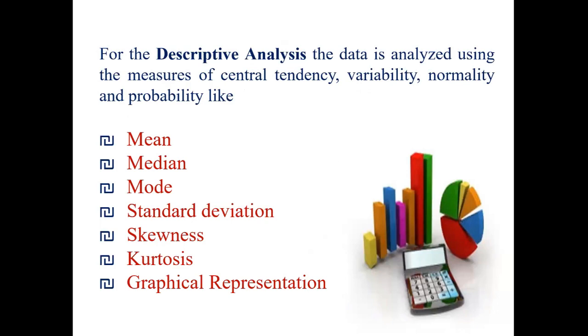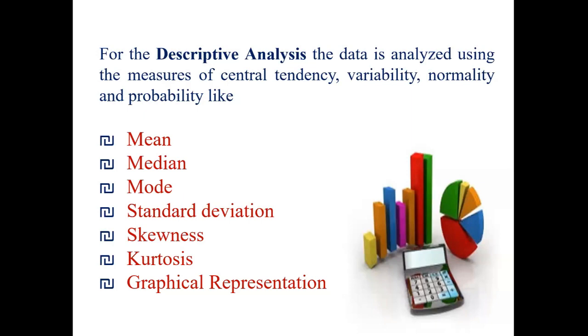Then for the descriptive analysis, the data is analyzed using the measures of central tendency, variability, normality, and probability. Here, what you have to do is first understand what you need for your research. Are you going to draw mean, median, mode, standard deviation, skewness, kurtosis, and how are you going to have a graphical representation of that?